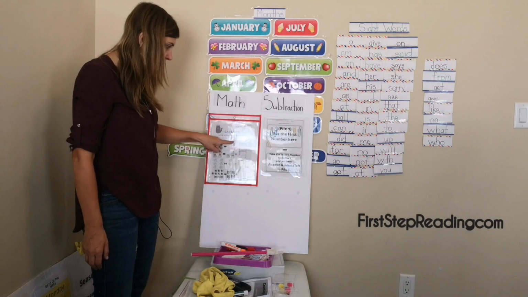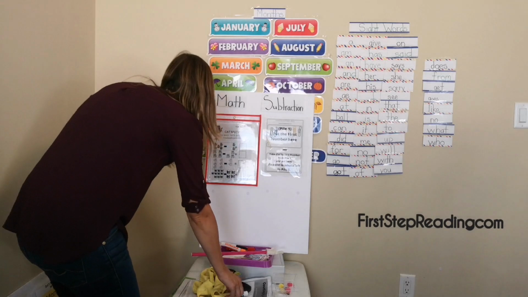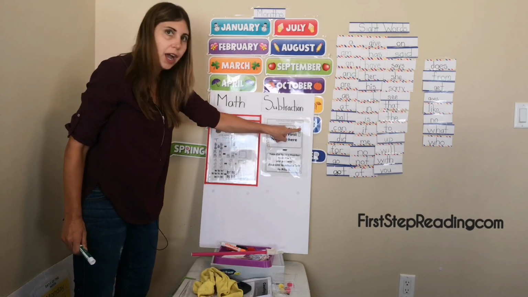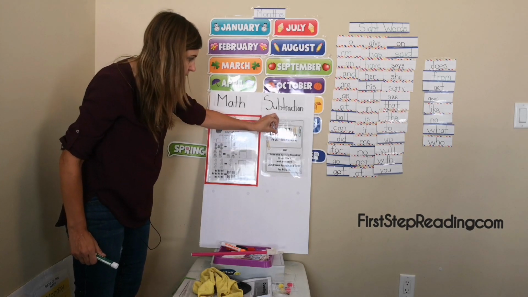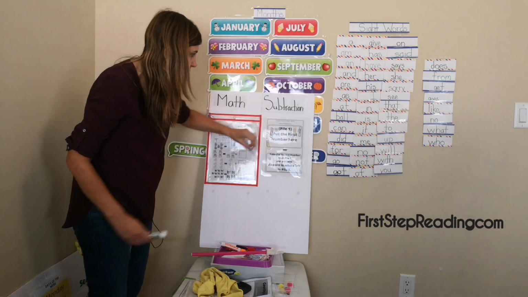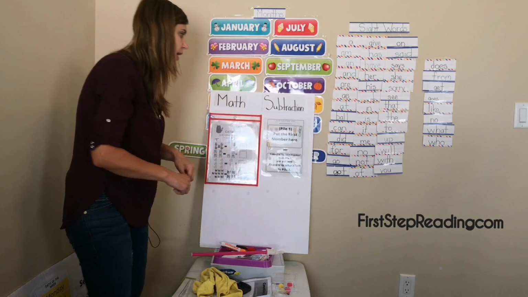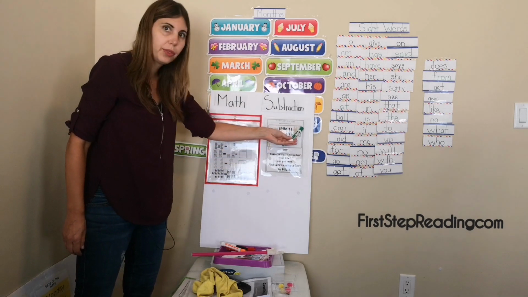This tells me how many leave from my 5. 1, 2, 3, 4, 5 kitty cats. Says 2 kitty cats leave. So I'm taking 2 kitty cats away. How many are left? 1, 2, 3.